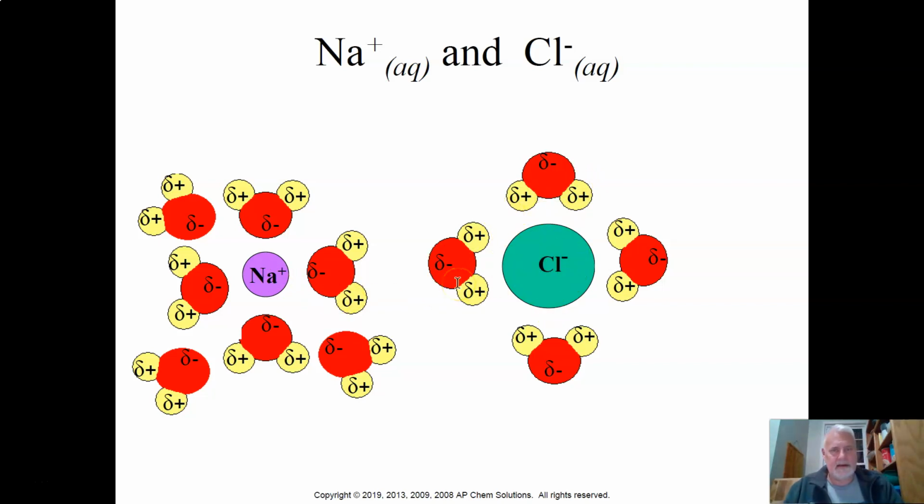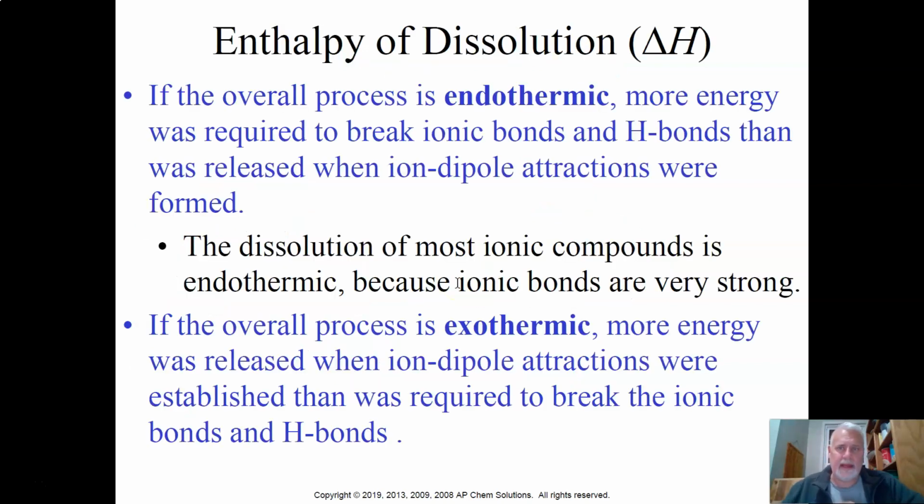around the ions. Okay? So when you're looking at dissolution, if the overall process is endothermic, more energy was required to break the ionic bonds and hydrogen bonds than was released when those new dipole bonds were formed.